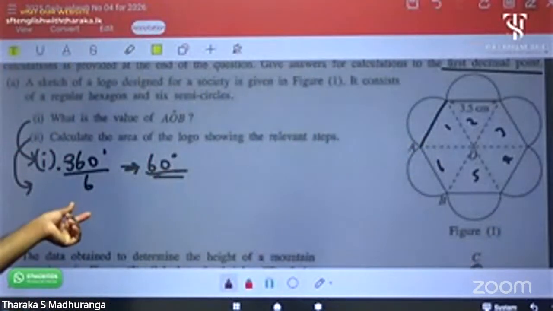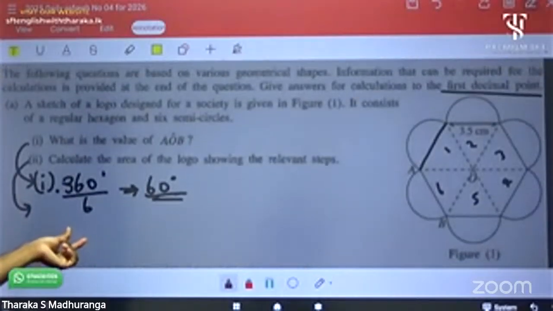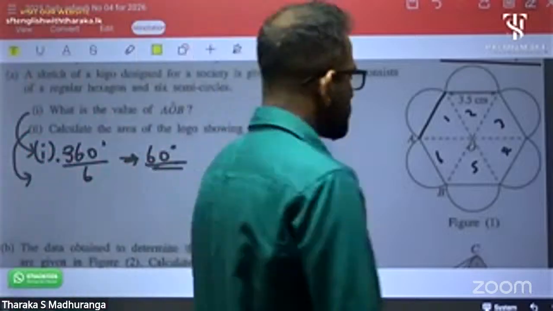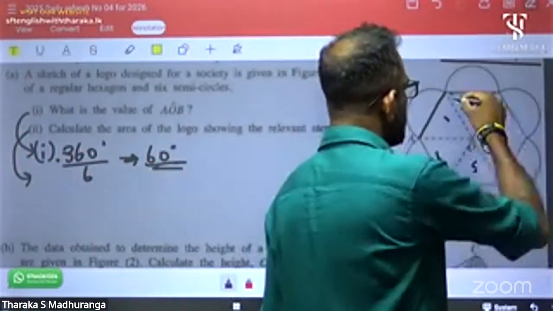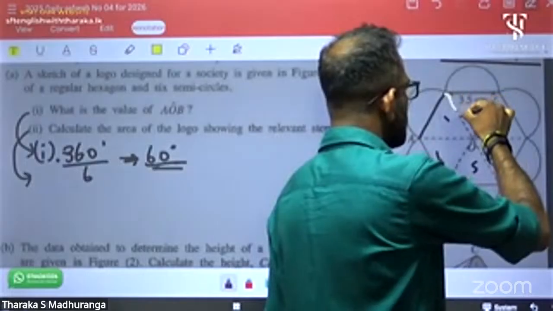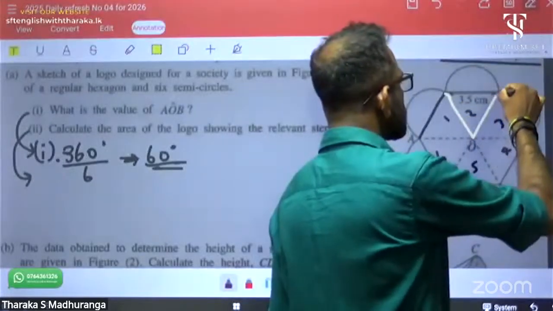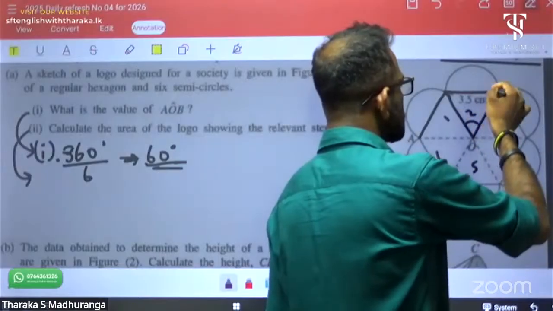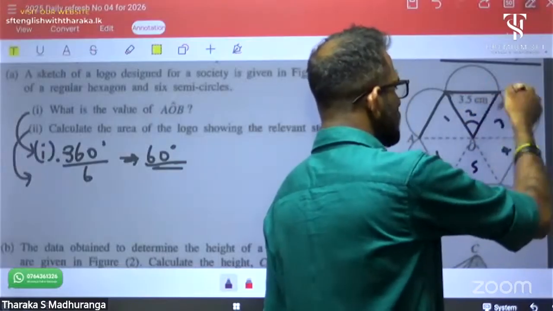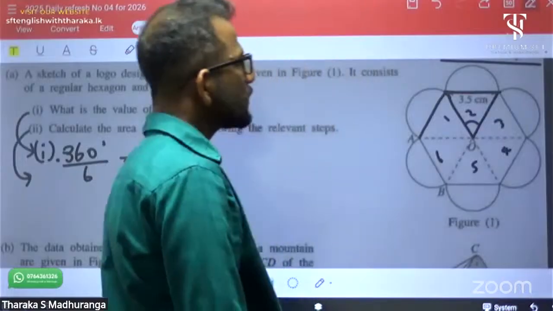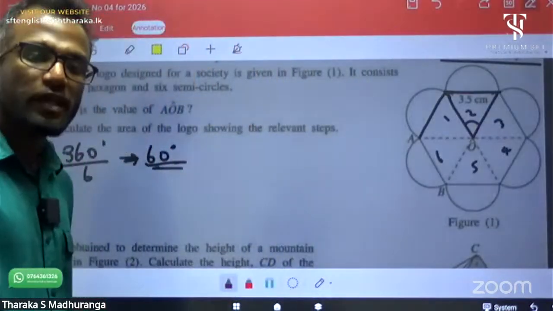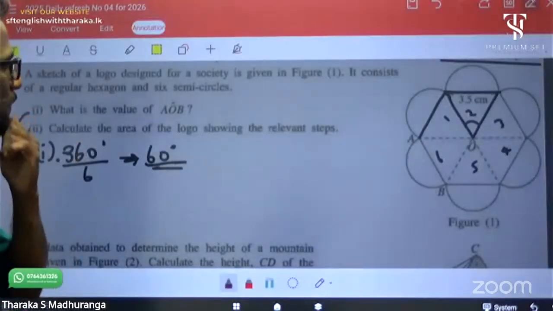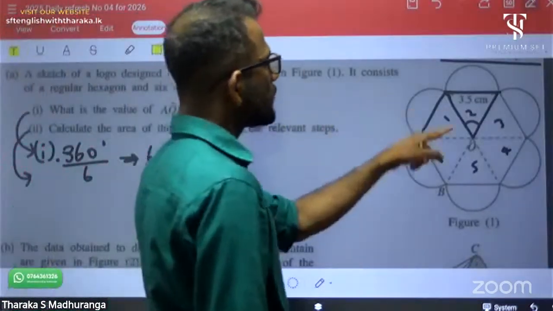Then you can decide those triangles are equilateral triangles because the angle is 60 degrees in this hexagon, with side length 3.5. Now we can get one triangle's area.